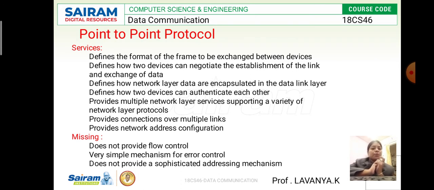The services provided are authentication, framing, and multiple links. These three are very important for providing the services for PPP. The services not provided are access control, flow control, and error control. This is the disadvantage of PPP.